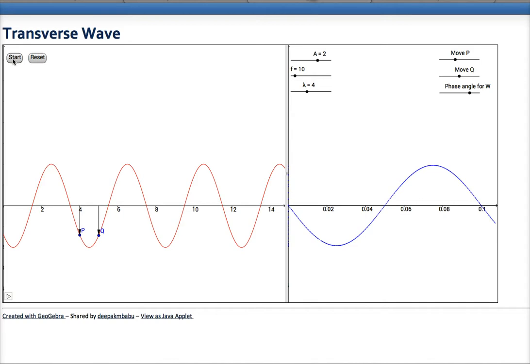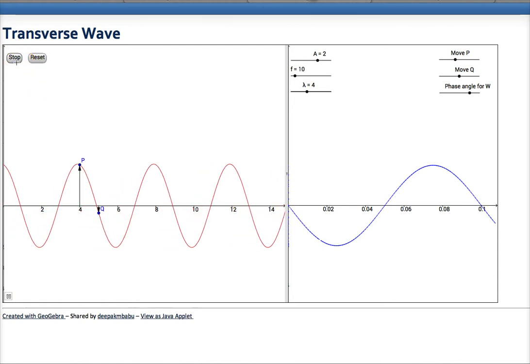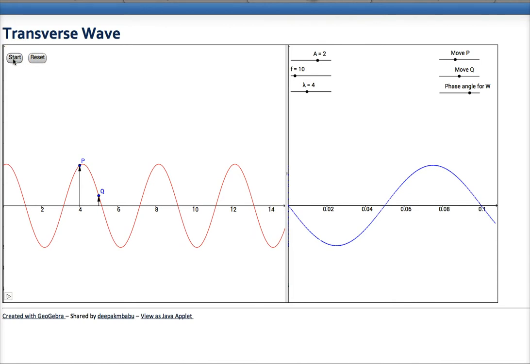Displacements are identical, but are the velocities identical? They're not, right? Because take a look, when I restart it. Look at the motion of particle P, look at the motion of particle Q. 1, 2, 3. As you can see, when I restarted it, particle P started to go upwards, but particle Q started to go downwards. So clearly the velocities are not the same. Do we agree with that? They may have the same displacement, but they have different velocities. Okay, that's the important point.